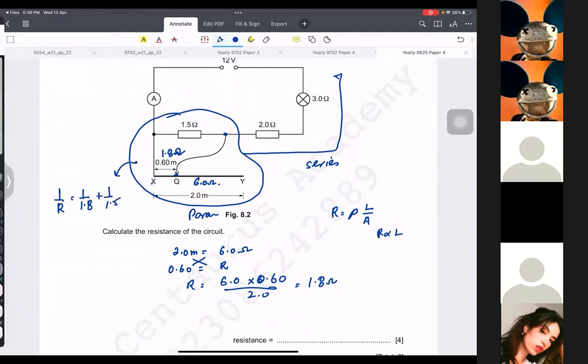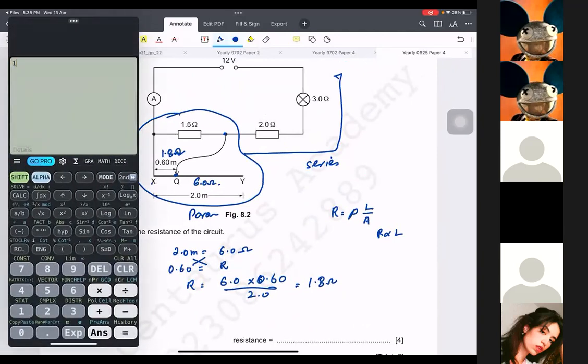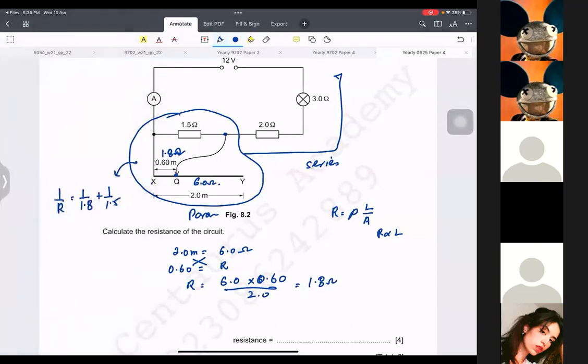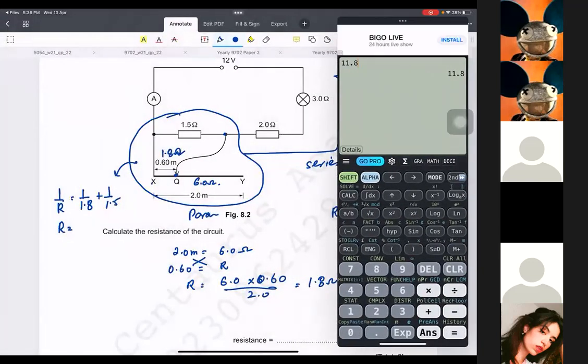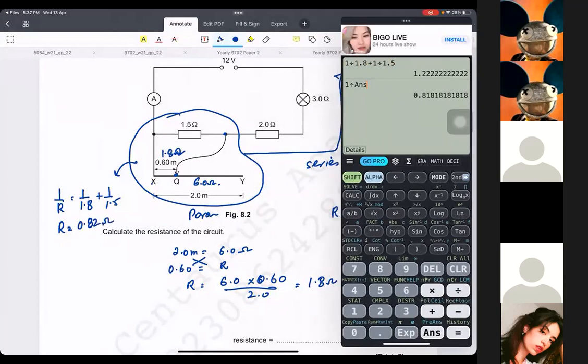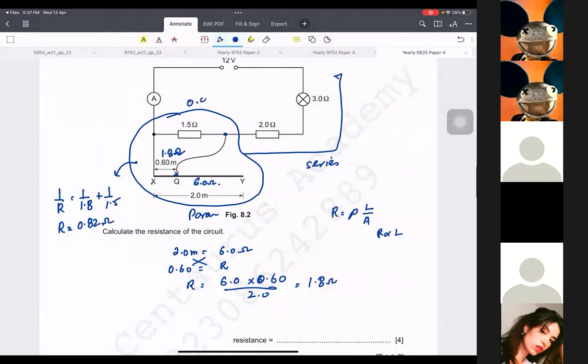So when you do that, 1 divided by 1.8 and 1 divided by 1.5, you get 11 over 9 for 1 over R. So R will be 9 over 11. It is 0.82 ohm is the resistance, and then this whole is 0.82.